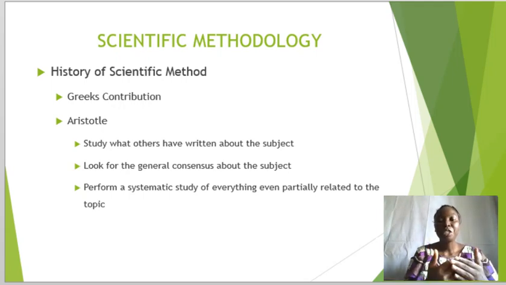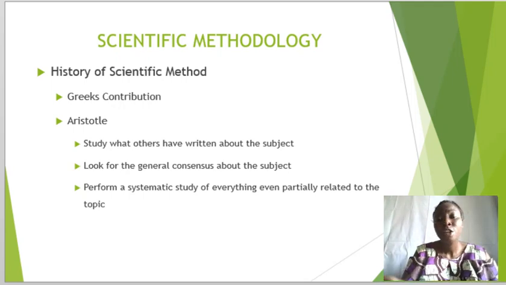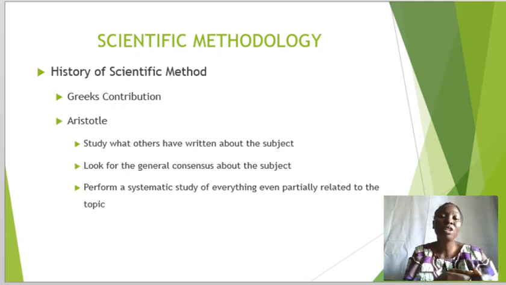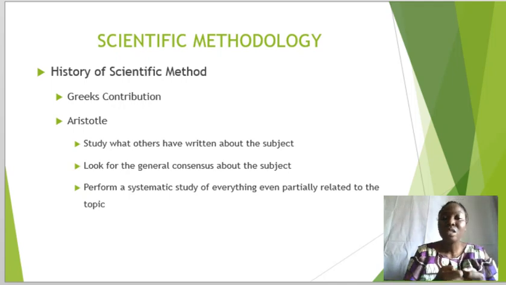Then you now perform a systematic study of everything, even that is related to the subject matter, even if it's just partially related. Once it has anything to do with the subject matter, then you look at it. This is the first scientific method, with literature review, consensus and measurement.